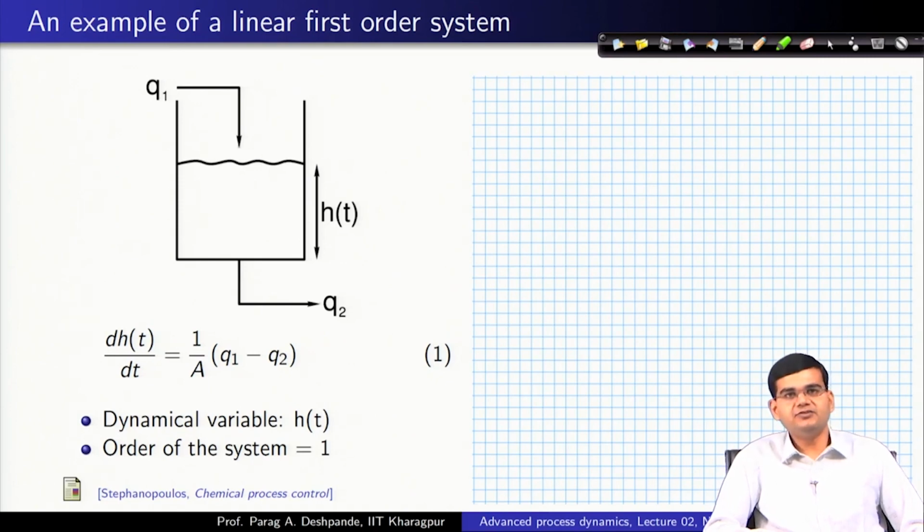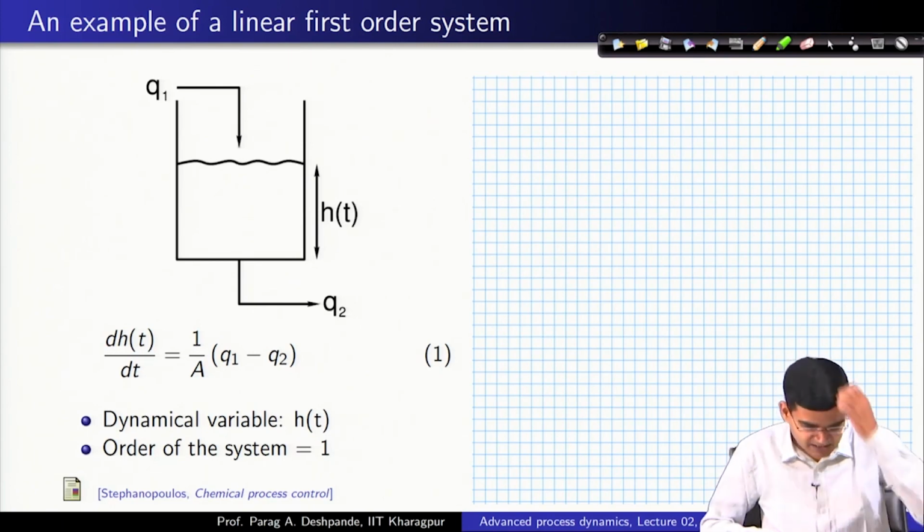So, linearity and first orderness is fine. We have not yet defined what is the meaning of autonomous system. We will define it in today's lecture, and then subsequently see what are the characteristic features of linear autonomous first order systems.